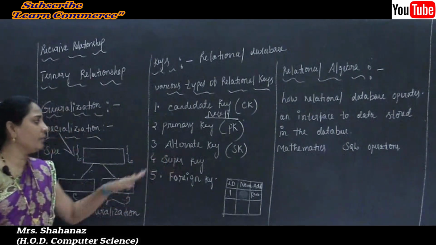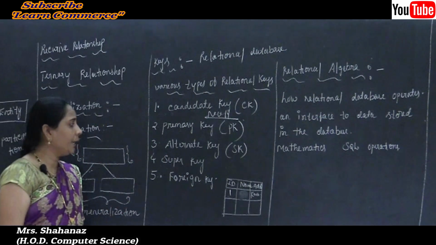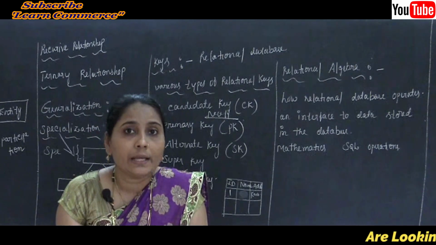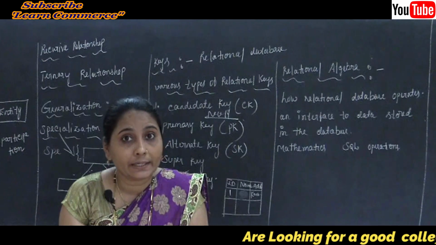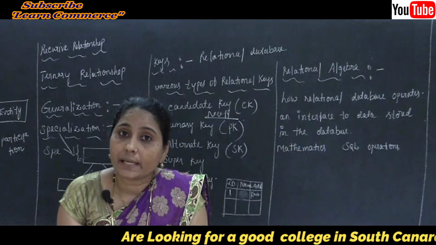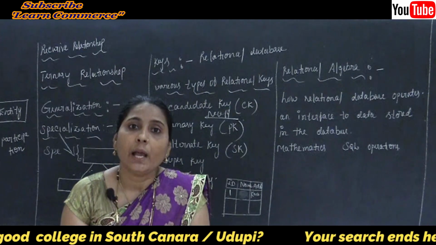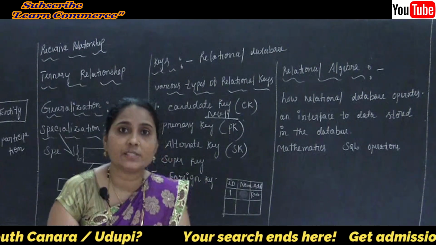Finally, the answer for the alternate key: an alternate key is also called the secondary key, and it is all the candidate keys minus the primary key. So clear this point here.